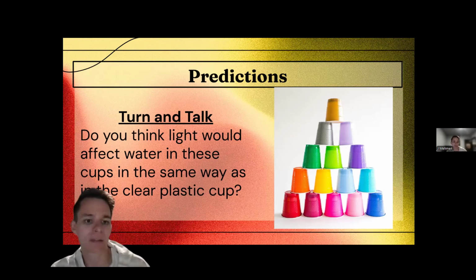So, do you think that light would affect water in these cups the same way as a clear plastic cup? Would it be different if our cup was transparent versus opaque?